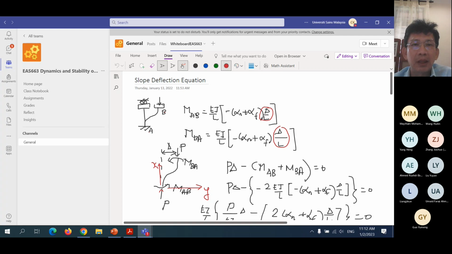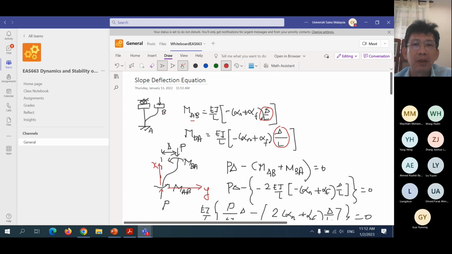The end moment here, instead of MA and MB, we can also write MAB or MBA. This is to indicate which member, which gives us a clearer picture of which member we are talking about, and especially which end. The first letter gives us which end of that member AB we are talking about.